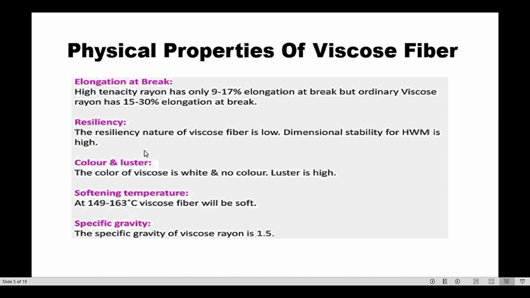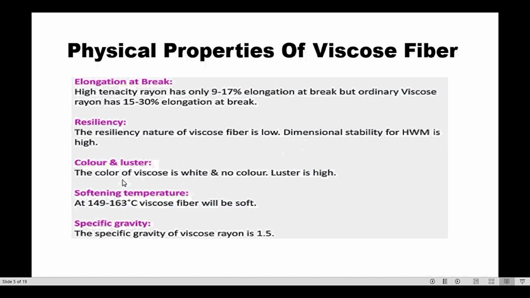Elongation at break: high tenacity rayon has 9 to 17% elongation at break, while ordinary viscose rayon has 15 to 30% elongation at break. Resiliency. The resiliency of viscose fiber is low. Dimensional stability for HWM is high.